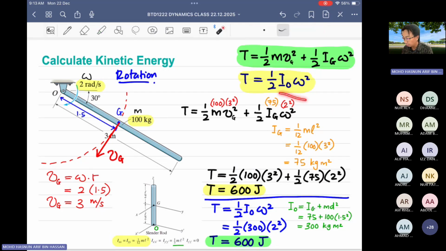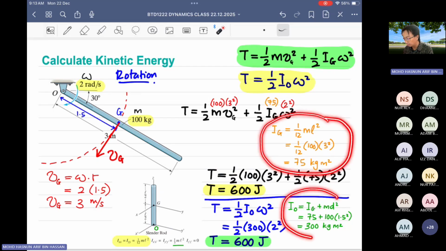The first formula involves a longer equation because you have to calculate the VG, calculate IG, and then integrate everything in the formula. Whereas for the second formula, you need to find IO, which you have to calculate from IG first and then use the parallel axis theorem.